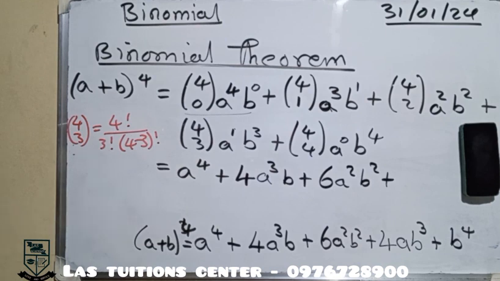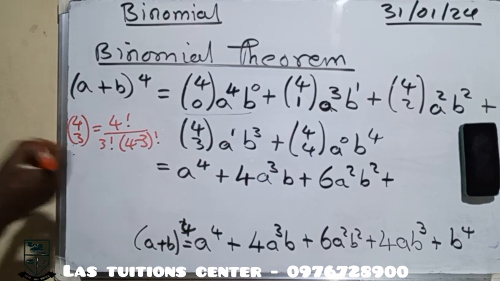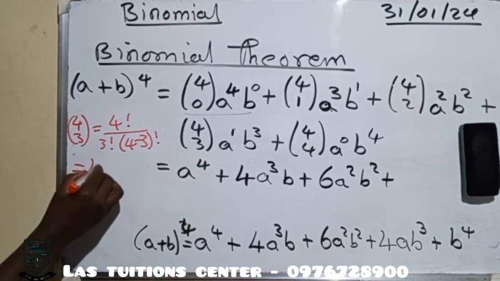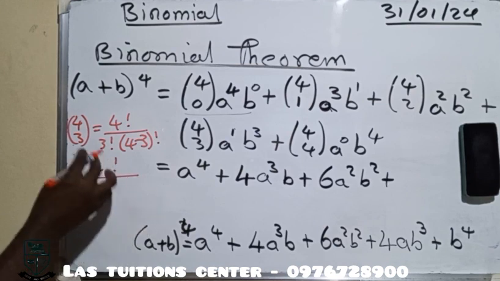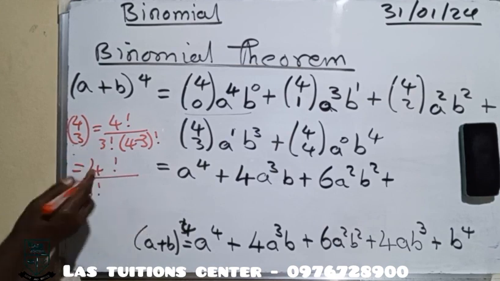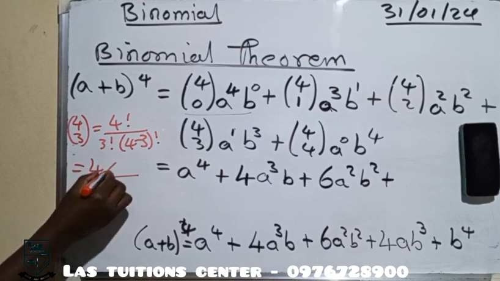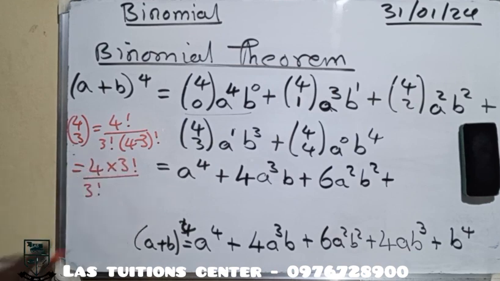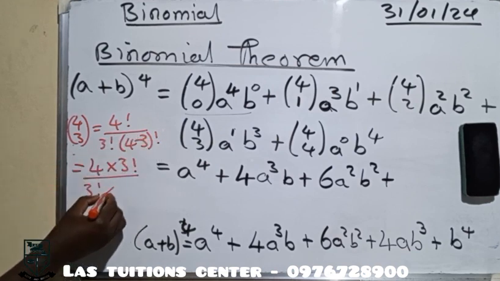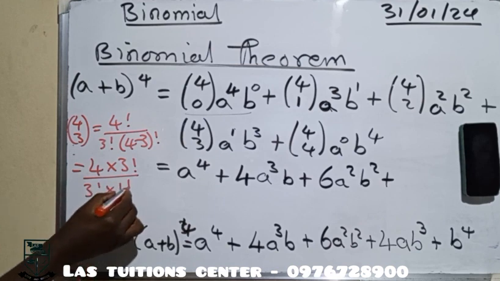From there, this is going to be 4 factorial over 3 factorial. Maybe we can reduce this one: 4 times 3 factorial. Then 4 minus 3, we have 1 factorial, which is just 1.